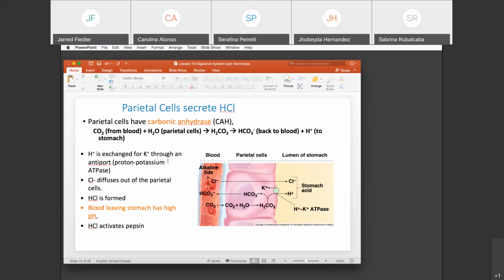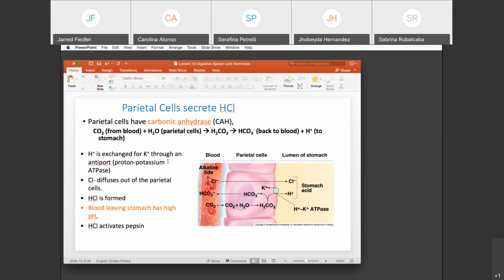Okay, so we left off yesterday talking about how parietal cells secrete hydrochloric acid and the exact mechanism of what's going on. I went into great detail a couple times about this. Just as a reminder, this particular slide is extremely important.